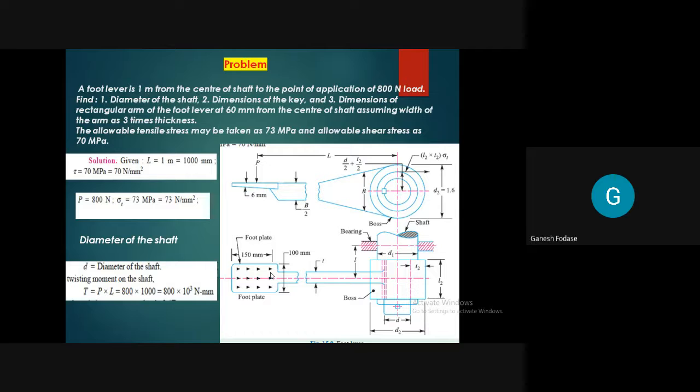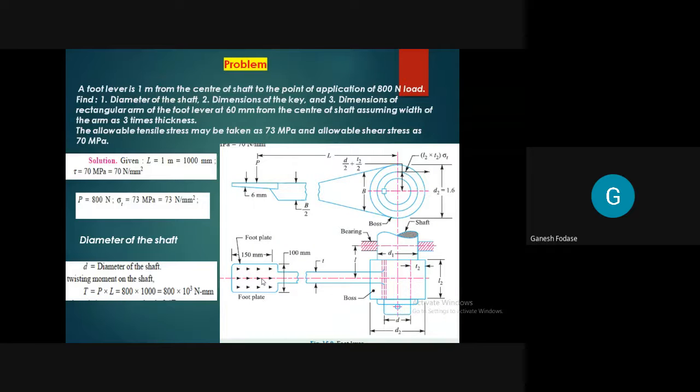Pi by 16 tau d cube. Everyone please, find the value and tell me. So 38.75, approximately 40. 38.76. Okay, right. So 38.8, approximately 40.